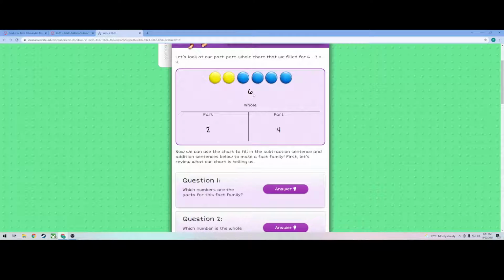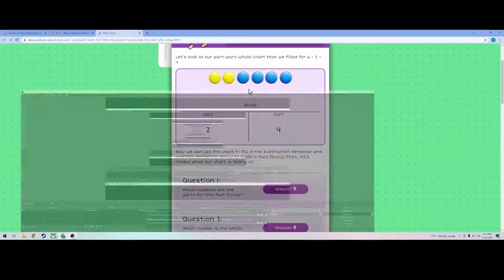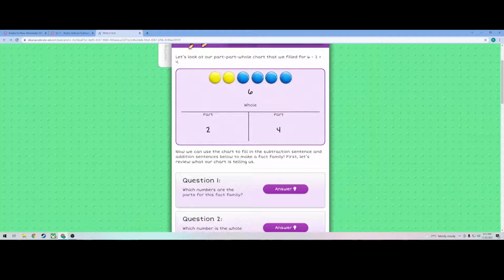So the whole is 6. So I have 2 parts. I can make the number 6 into 2 parts, 2 plus 4. So the first part is 2. The second part is 4. Okay? So 2 plus 4 equals 6.